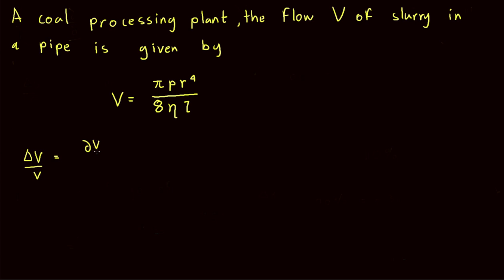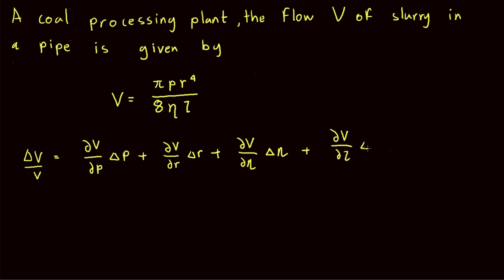Del V over del P, delta P, plus del V over del R, delta R, plus del V over del nu, delta nu, plus del V over del L, delta L, right? Of course, all of this will be over V, and then obviously you can easily solve and get the answers.